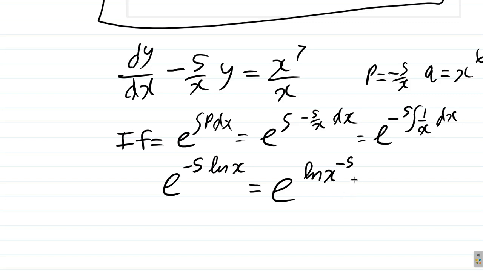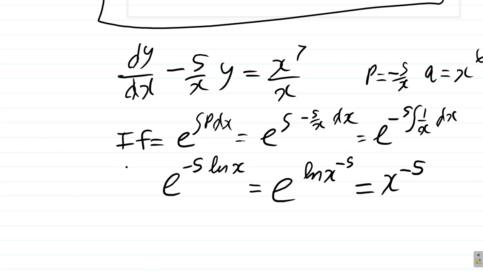So here, what we're going to get is x to the negative 5 as our integrating factor. See that? Remember, you have to keep up with your rules and laws of logarithms.